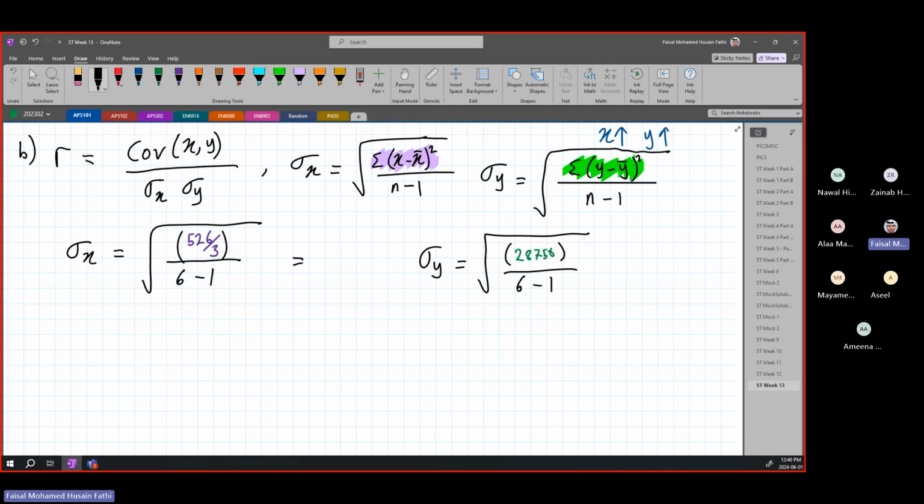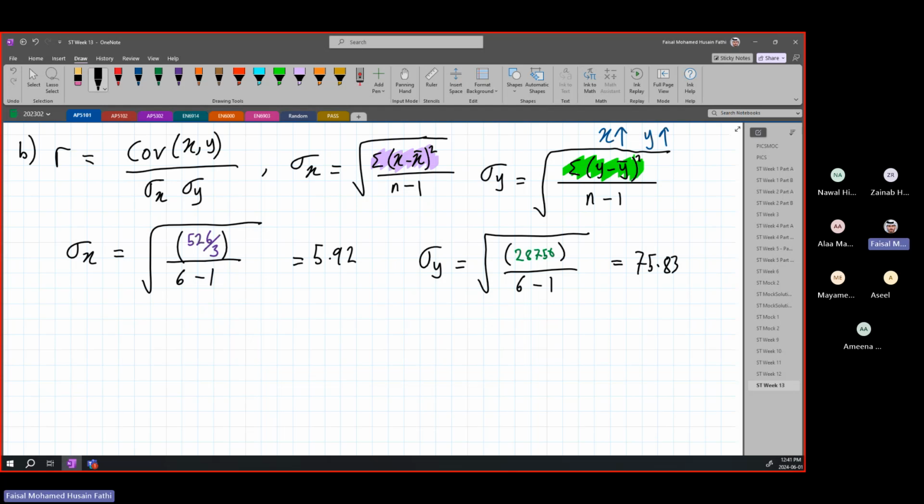Once you plug these into the calculator, you're going to get a value for your standard deviation. For sigma x, you're going to get 5.92. And for sigma y, you're going to get 75.83.